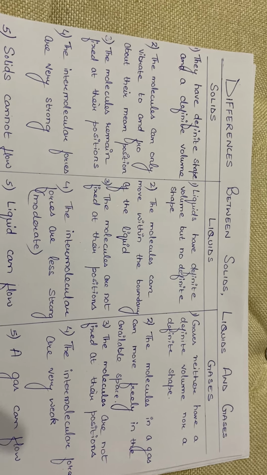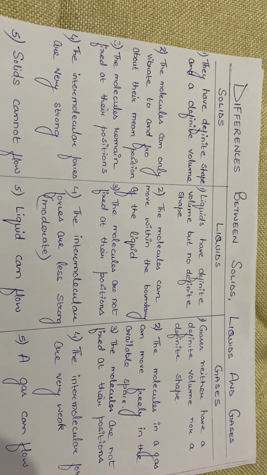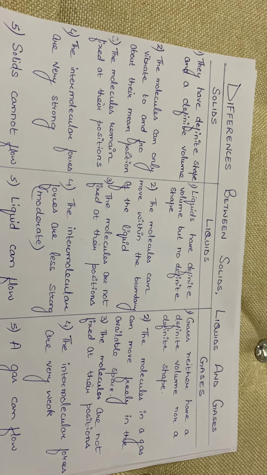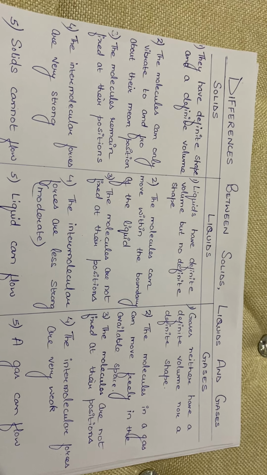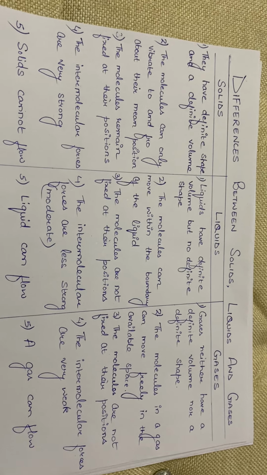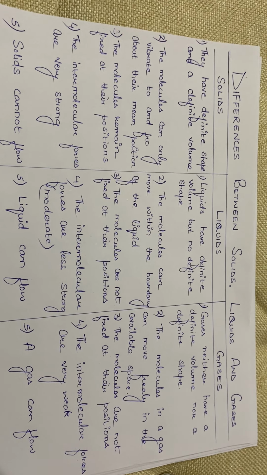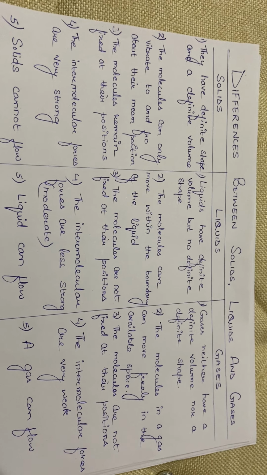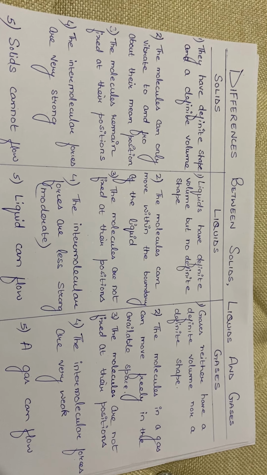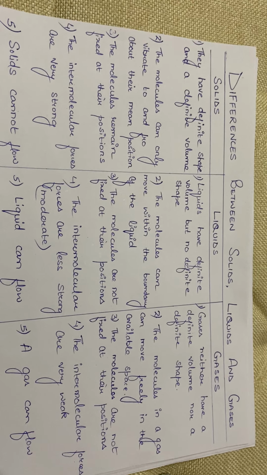Now, let's elaborate on this point. As I said, solids have a definite shape and a definite volume. Why is it so? The reason is that in solids, the molecules are very tightly packed with negligible intermolecular spaces, and the force of attraction is extremely high.